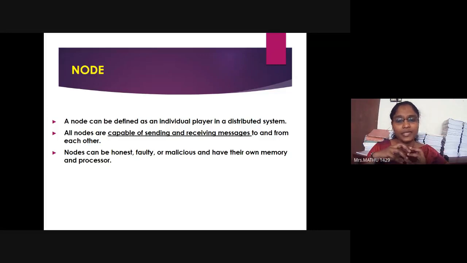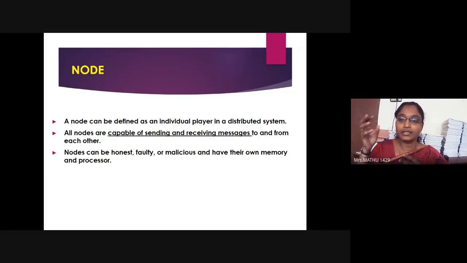When we study blockchain technology, or the Bitcoin network, the nodes are all systems. It is not a person, but a system. A node can be an individual player, and all these nodes are capable of sending and receiving messages. It is a network where all the nodes are connected to each other, and they send and receive messages to each other.